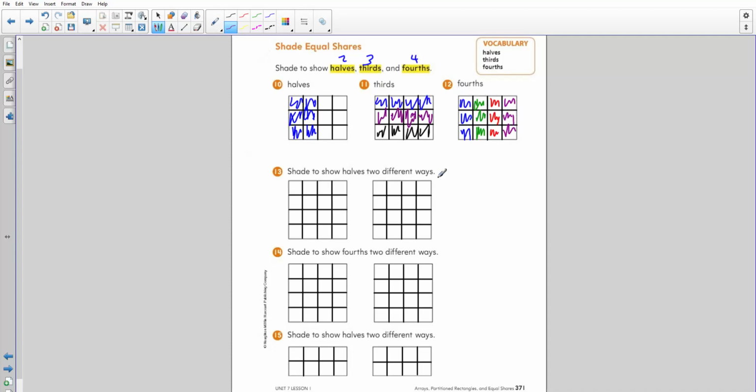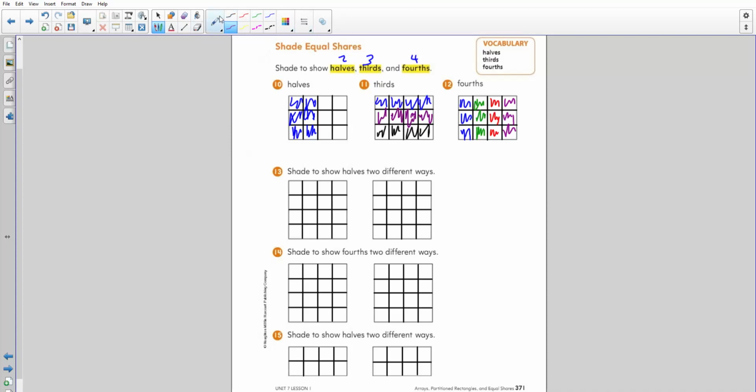Let's see. 3, 3, 3, and 3. But are they the same? Let me see if I have 4 parts. 1, 2, 3, 4. Yeah, I have 4s. I have 1/4 blue, 1/4 green, 1/4 red, and 1/4 purple. This is a way to use rectangles and their partitions to show fourths.